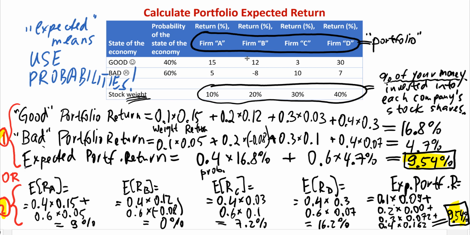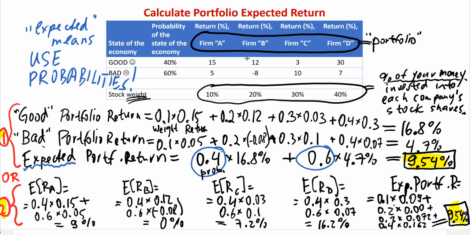So we calculated expected portfolio return in the first method, where the probabilities we used were 0.4 and 0.6 for the 2 possible outcomes. And then in the second method, where did we use the probabilities? We were using them earlier on in our steps.